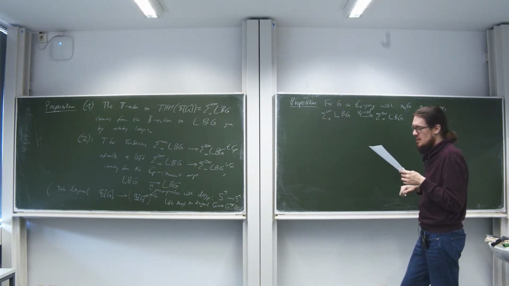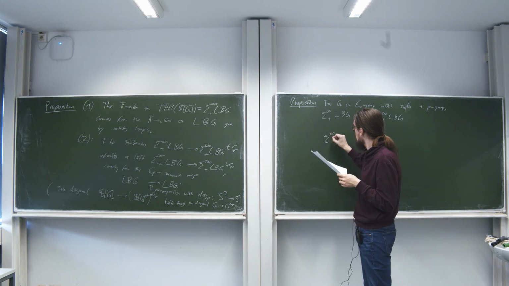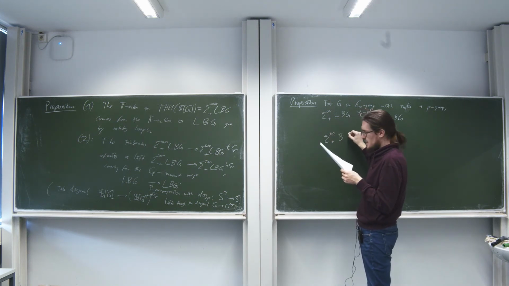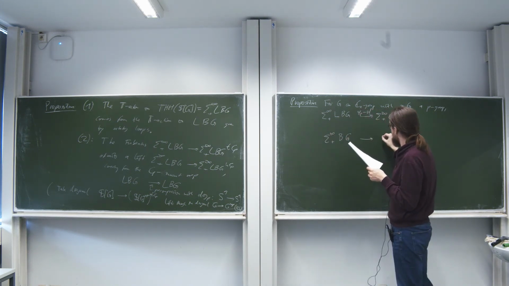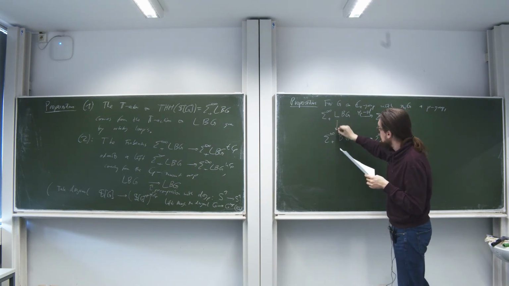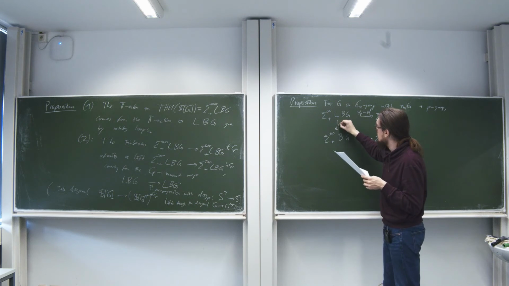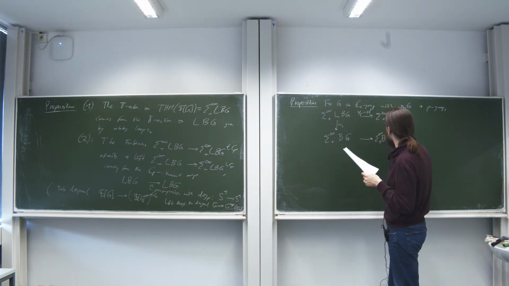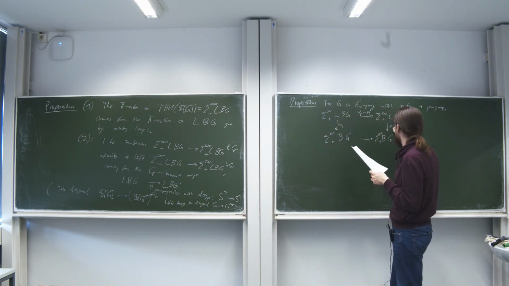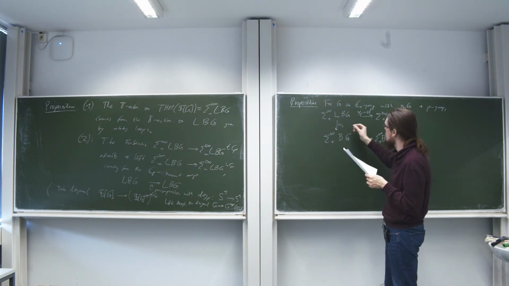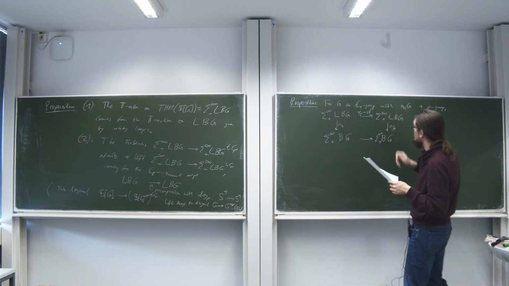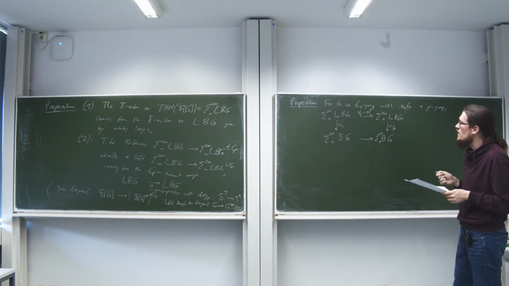So this fits into a square like this, where the vertical maps simply evaluate at the base point. If you think of S^1 as unit complex numbers, then the base point would be 1, and so I'm writing this as evaluation at 1.